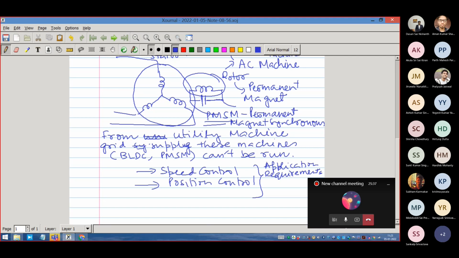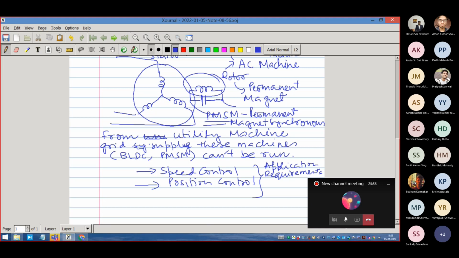Can you think of an application? Why do you want to run the machine at a certain speed and change the speed as well? Suppose there is a conveyor where things are going from one end to another end. Suppose it's a conveyor which is carrying coal to a power plant, right?